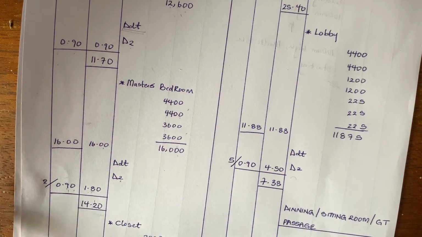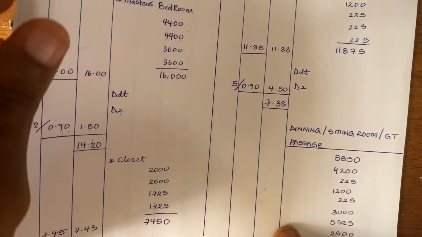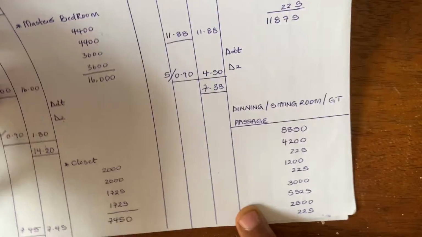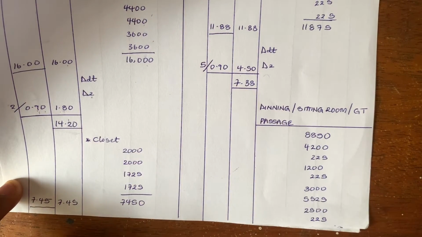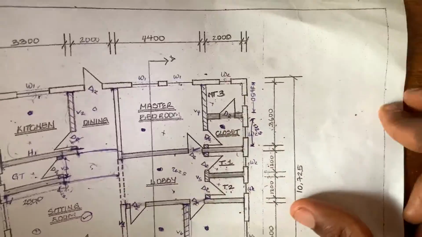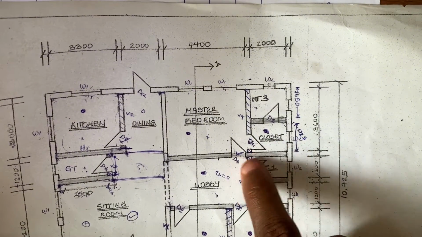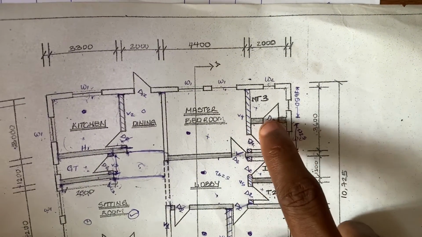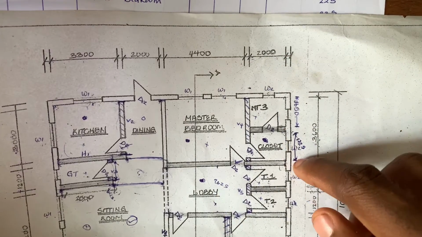So the next thing we're going to be booking for is the closet. If you look at this drawing, you can see that this is where the closet is. So we have to do the same thing, find the perimeter of the closet. We know that the length is 2,000 by 1,725.